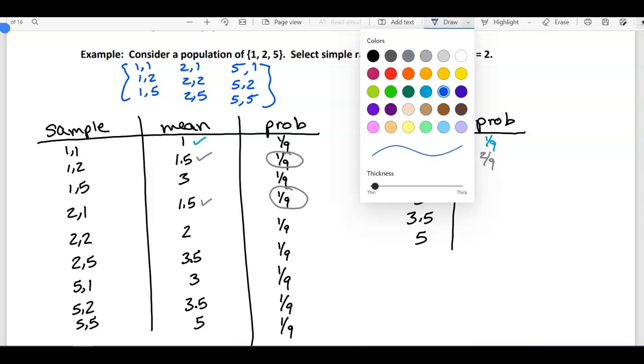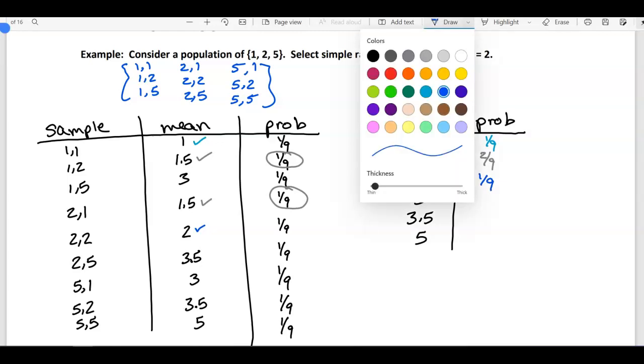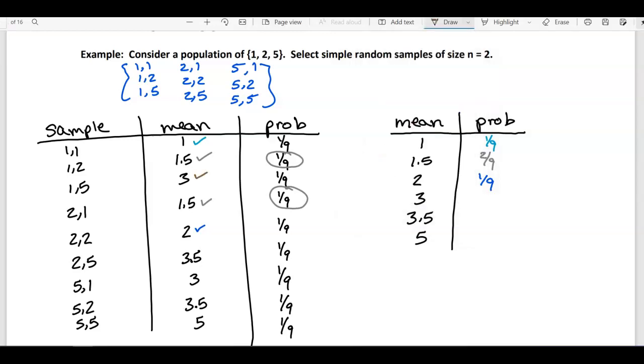Where was our mean equal to 2? That only happened one time. Where was our mean equal to 3? That happened 2 times.